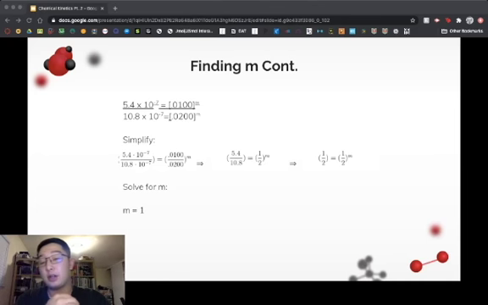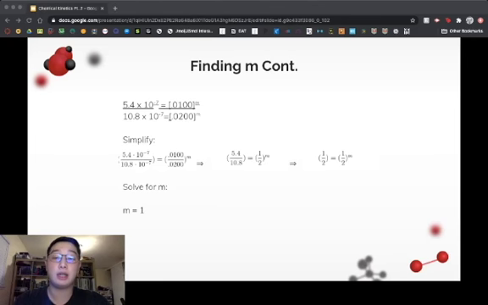But basically what you end up with is 5.4 divided by 10.8 is equal to 1/2 to the power of M. And then from here, you can simplify that even further to 1/2 is equal to 1/2 to the power of M. Because they're the same, you can use a logarithm for this.